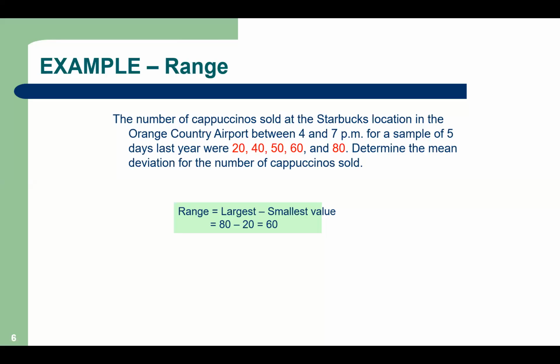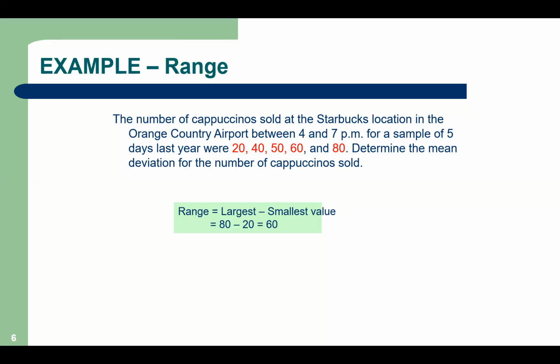Let me explain the first measure of dispersion, that is range, by an example. A branch of Starbucks sold cappuccino on 5 consecutive days last year: 20, 40, 50, 60, and 80.